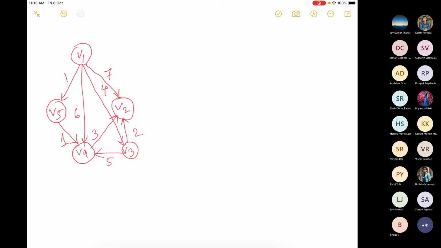Now we start with Y equals V1. We want to find the shortest path from V1 to every other node in the graph. Naturally, the vertex that is nearest to V1 is, in this case, V5.